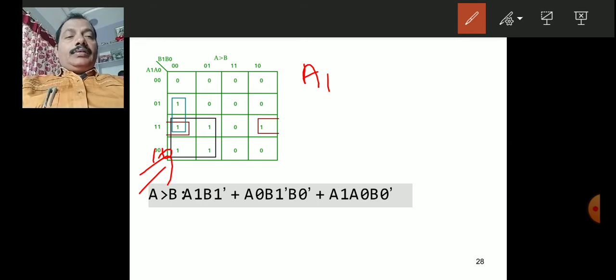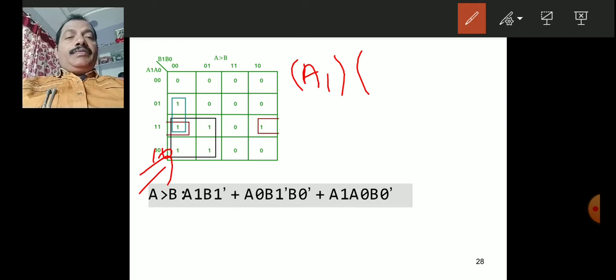Similarly, for the column side, because the quad is occupying 2 columns, 0 0 and 0 1, B0 is changing, B1 is not changing.